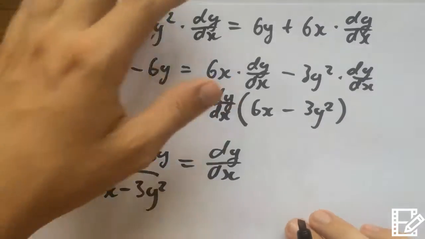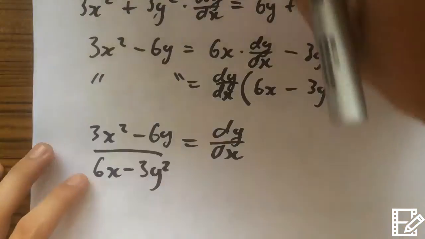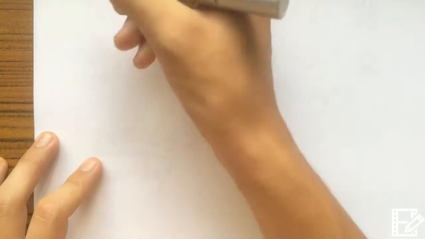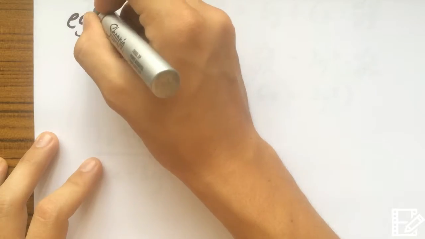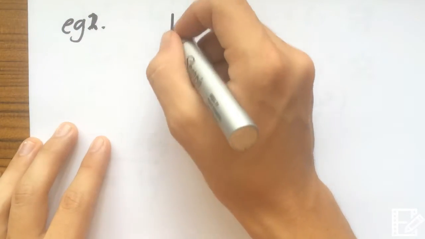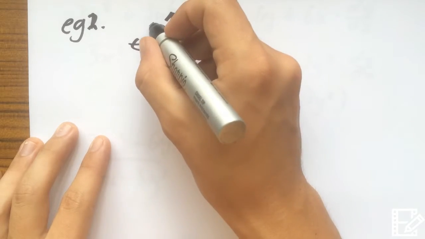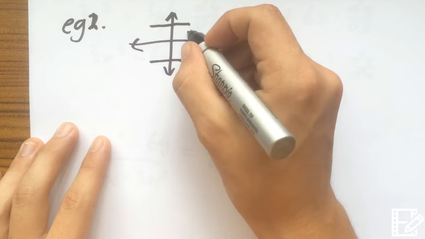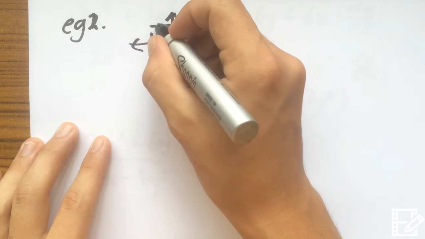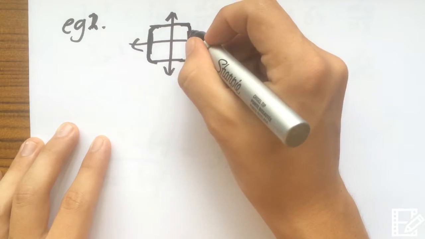Okay, now I'll do one more example because these are a bit quicker. Example 2. We have a graph that looks like a square, but basically all the corners, that was poorly drawn, all the corners are rounded.